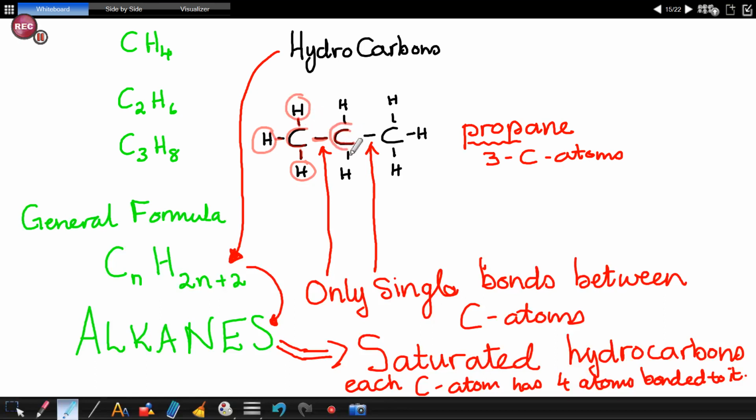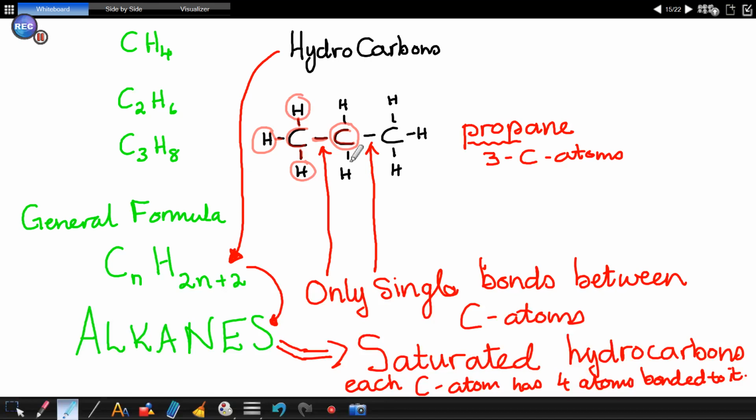So that first carbon has 4 individual atoms joined to it. You can't add more atoms to that carbon. And this second carbon has 4 bonds to it. It's got this first one, that one, the third one, and that hydrogen. So it's 4 different atoms joined to the carbon. Can't add more atoms to the carbon chain, so it's a saturated hydrocarbon.